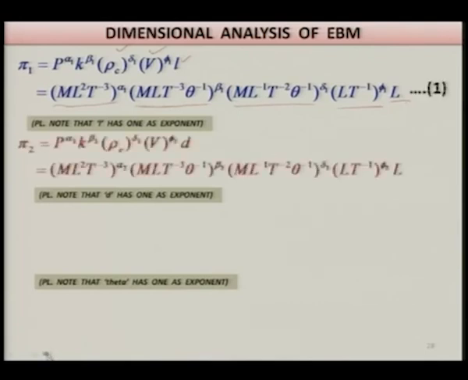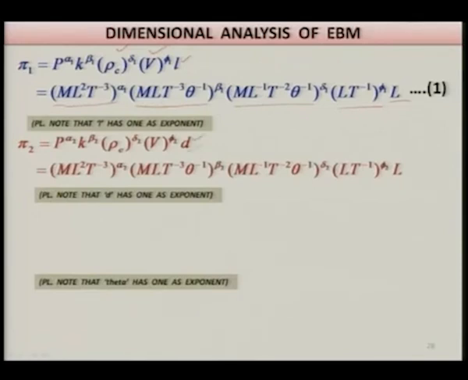Now similarly you can have the second dimensionless parameter, that is pi 2. The same procedure is followed here: P raised to power alpha 2, k raised to power beta 2, rho c raised to power delta 2, v raised to power phi 2 and d.